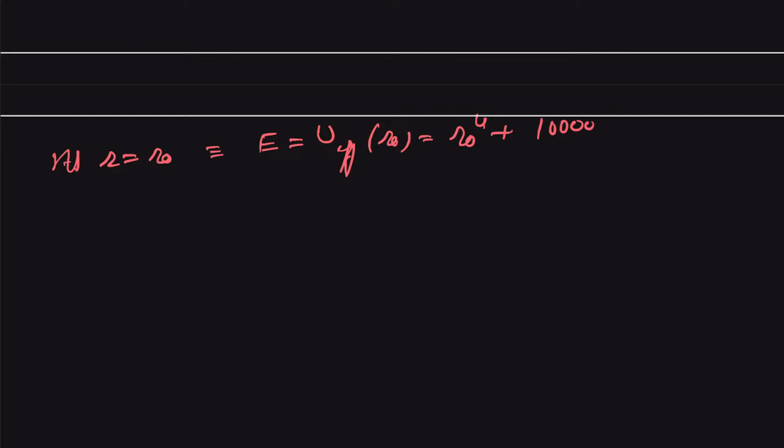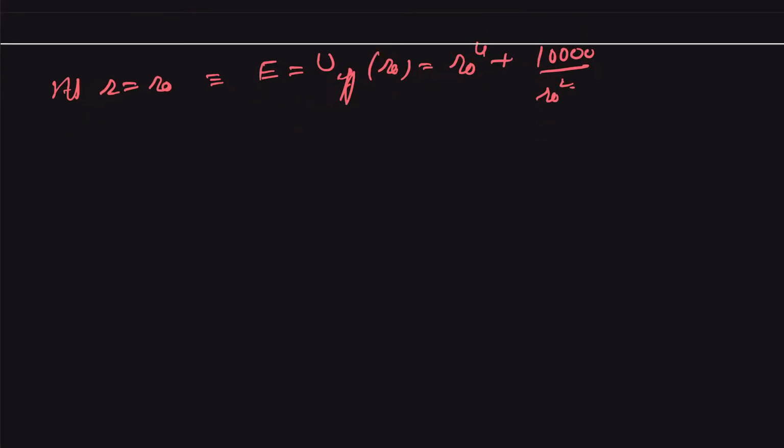Therefore, at R equal to R0, the total energy E will be equal to U effective of R0, which is R0 to the power 4 plus 10,000 divided by R0 square.